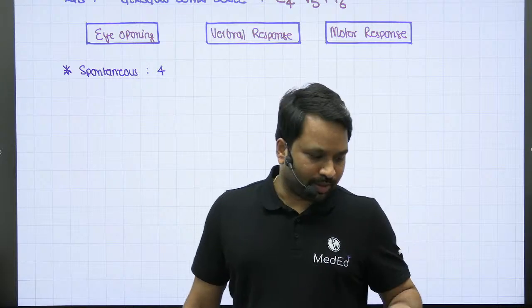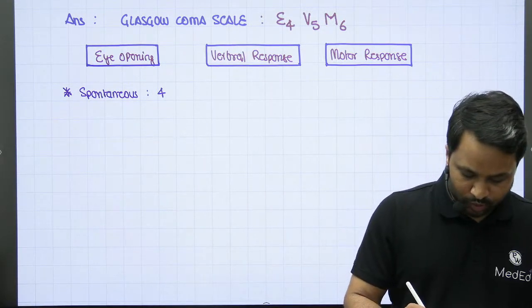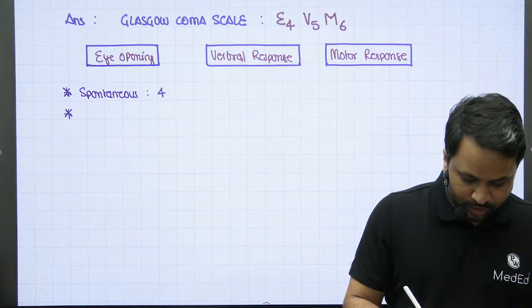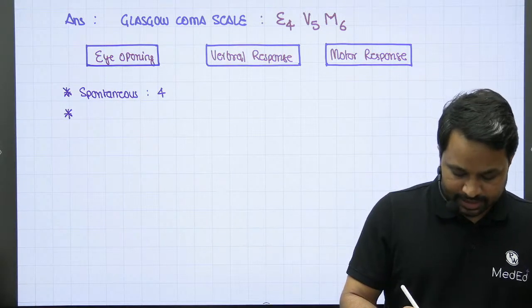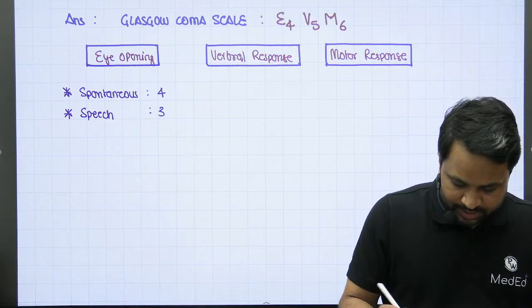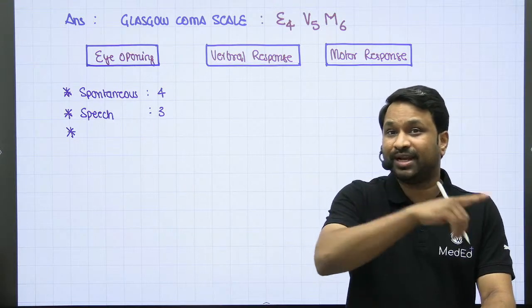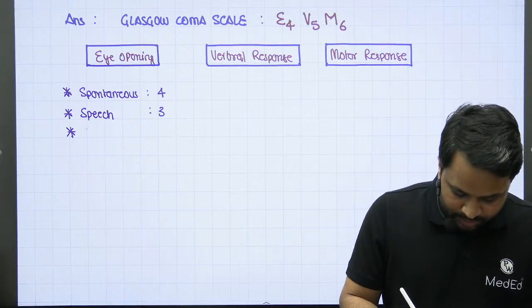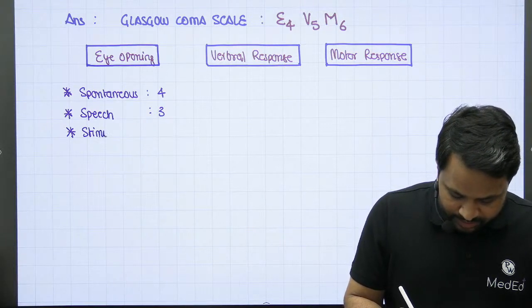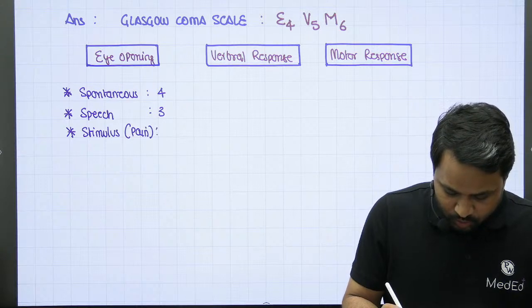Right, so when you talk about eye opening, if it is spontaneous, it is going to give a score of 4. If the patient is not opening spontaneously, you go call out his name. If he is opening to speech, a score of 3 is there. If there is not even opening to speech, then I am going to stimulate the patient with a painful stimulus, a score of 2.